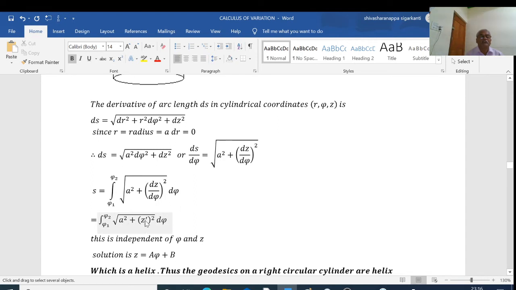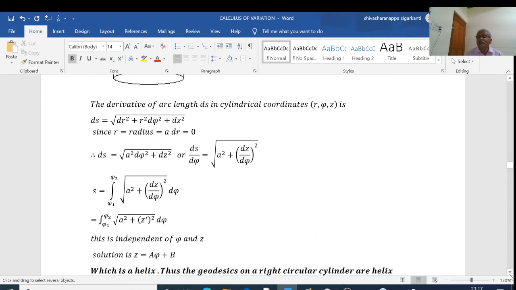So this is my f. F is root of a square plus z dash square, and this f is independent of phi and z. Therefore, its solution is given by y equal to ax plus b, that is, in this case z is equal to a phi plus b, and this represents a helix.